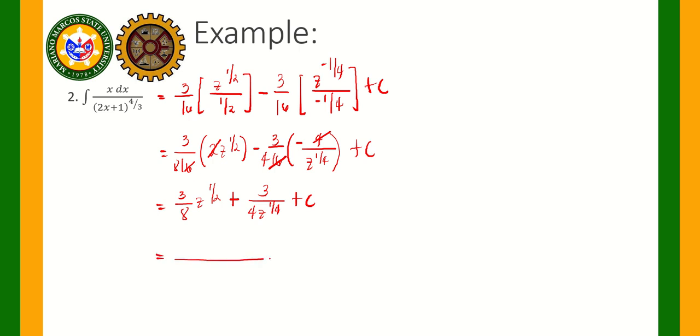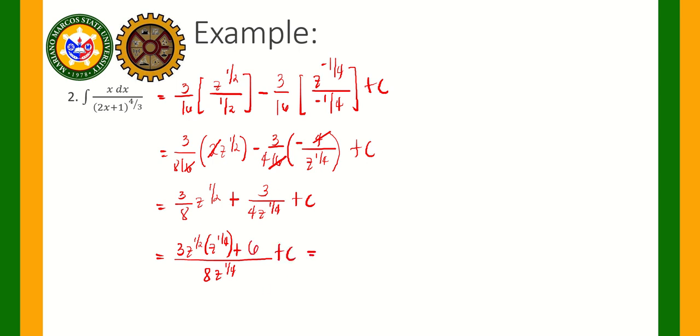And then, LCD natin, that is equal to 8z raised to 1/4. So, 8z raised to 1/4 divided by 8, that is z raised to 1/4. So, 3z raised to 1/2 times z raised to 1/4. And then plus 8z raised to 1/4 divided by 4z raised to 1/4, that is 2 times 3, so that is 6.